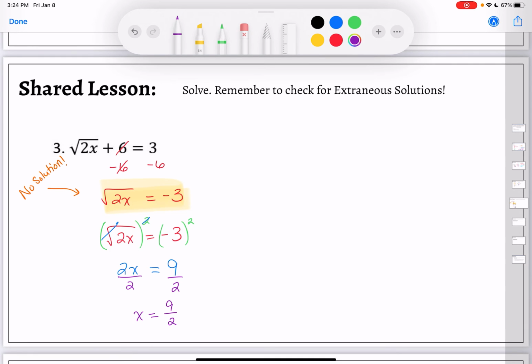Now, fractions aren't bad. You can have a fraction in a radical. A fraction for an answer doesn't mean that it's a wrong answer. But let's check what happens when we plug that fraction back in. Okay, so here's our checking for extraneous solutions.